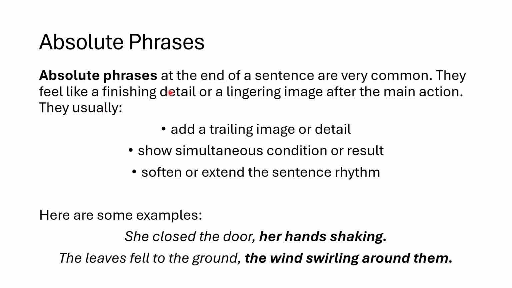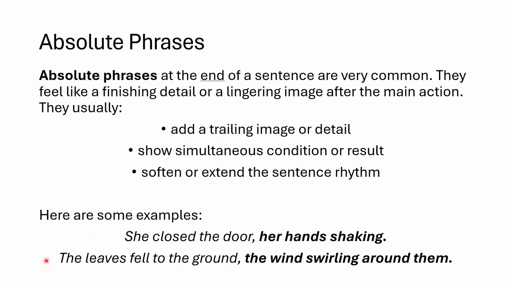Absolute phrases at the end of a sentence are very common. They feel like a finishing detail or a lingering image after the main action. They usually add a trailing image or detail, show simultaneous condition or result, and soften or extend the sentence rhythm. Here are some examples. She closed the door, her hands shaking.